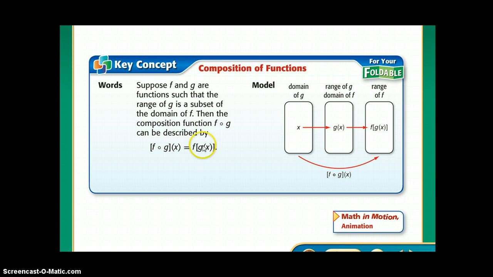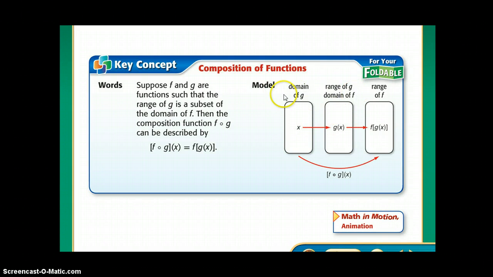Then whatever I get as an output of g of x actually turns into the input of f. Okay? So first we have to find g, take its output, and that becomes the input of f. And that is shown right here in this model. So please copy that down. Try to make sense of it. I think you just got to practice it in order for it to make sense.